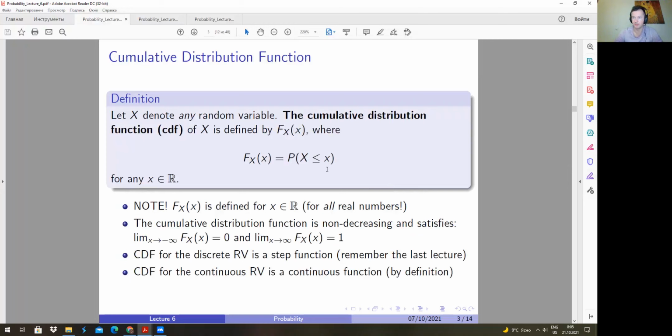a given number. For example, when you call a person to ask their monthly salary, what is the probability that his or her salary is going to be less than or equal to 50,000 rubles? So from 0 to 50,000, right? Or what is the probability that the income is going to be less than or equal to 100,000 rubles per month?